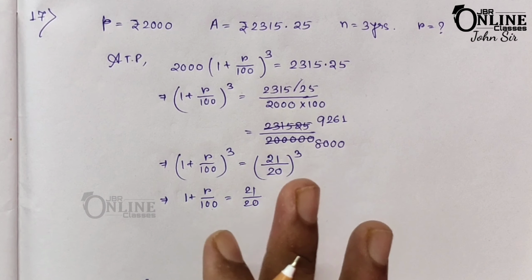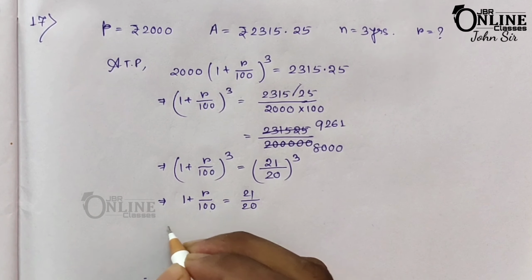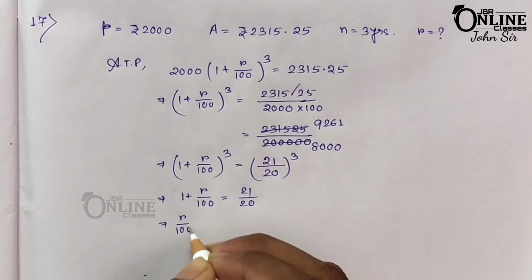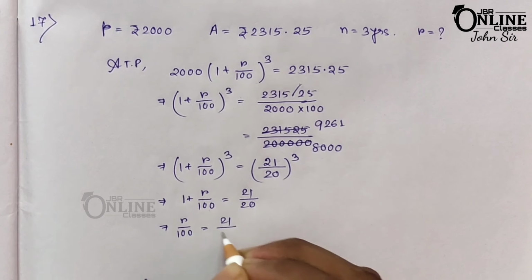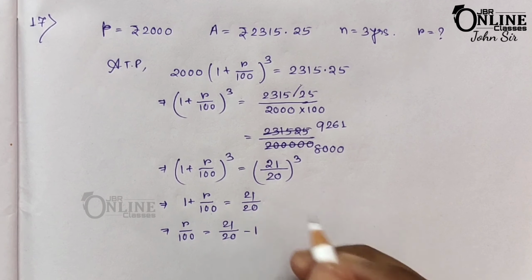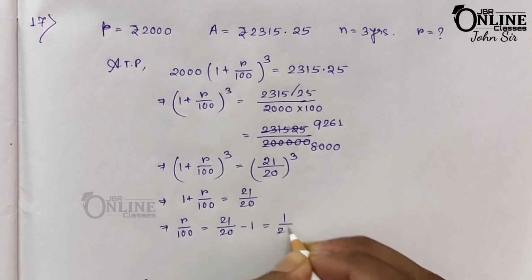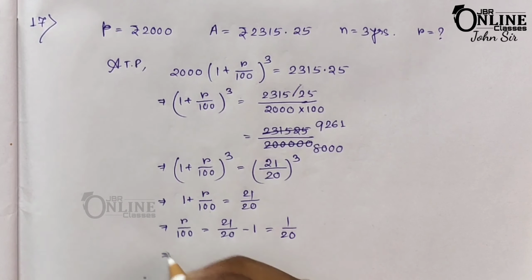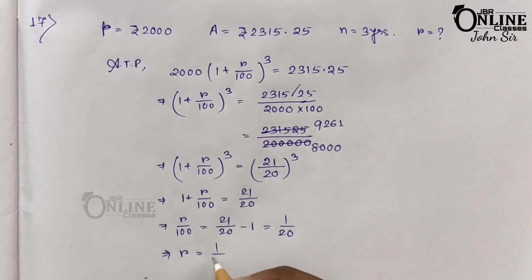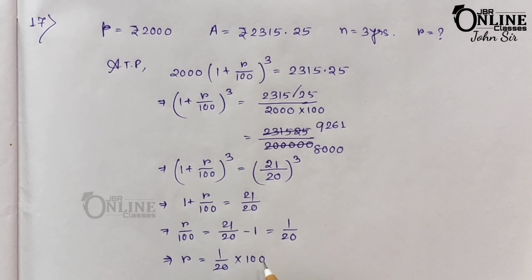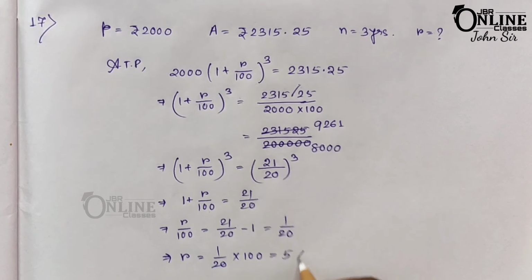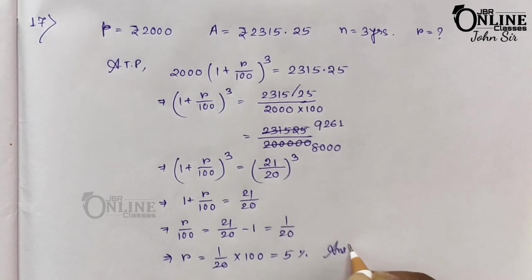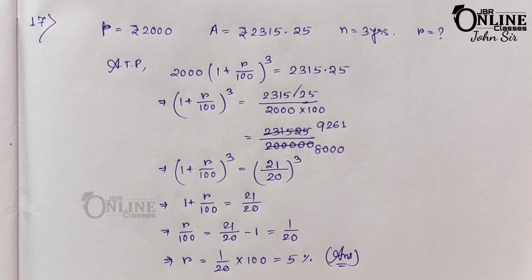So the power will vanish. Now r by 100 equals 21 by 20 minus 1, and from that you will get 1 by 20. Therefore r equals 1 by 20 into 100, and that equals 5. So 5% is your answer.